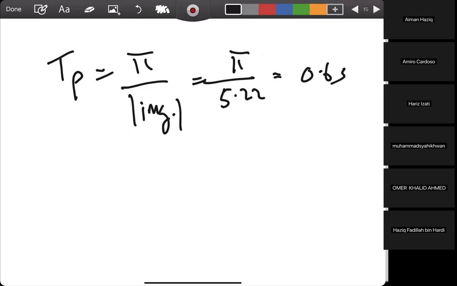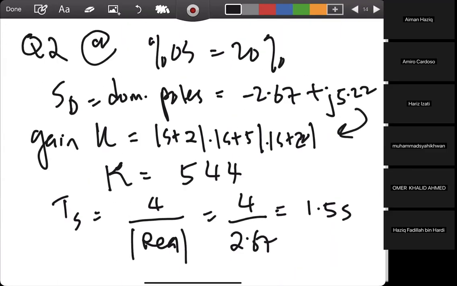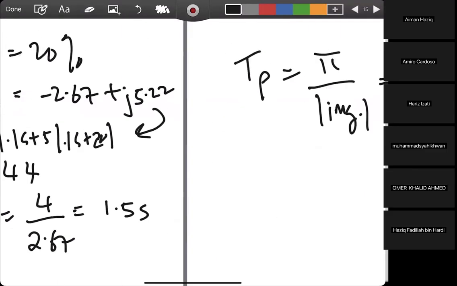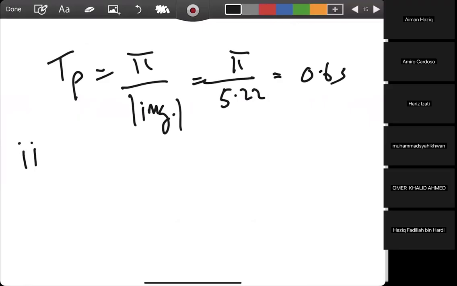Part 2. For part 2, the new dominant poles are 3 times faster than the uncompensated system.